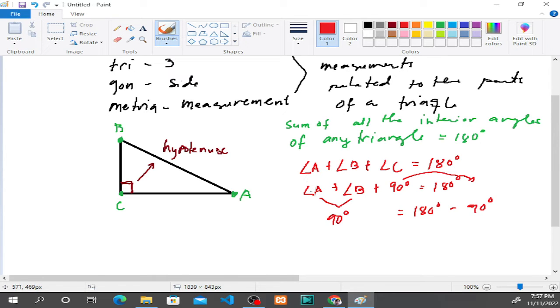We know that angle A and angle B are complementary. That is if it is a right triangle.